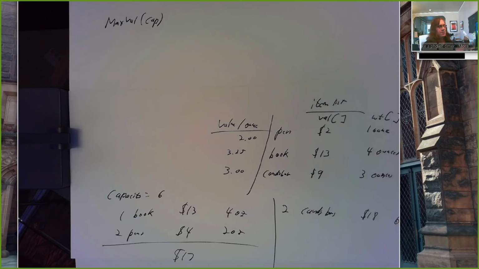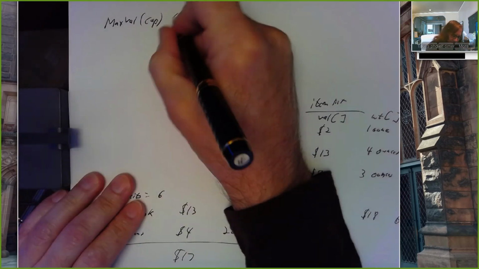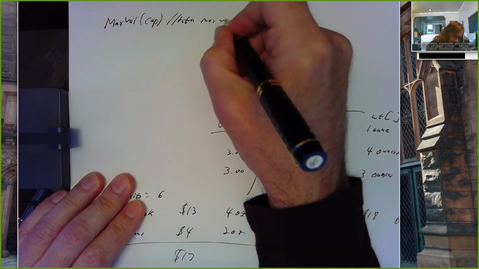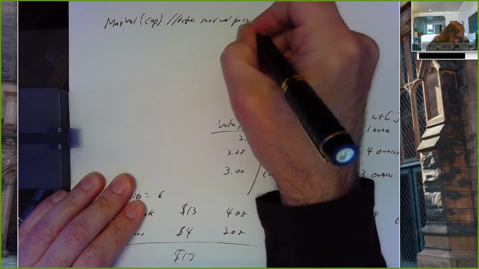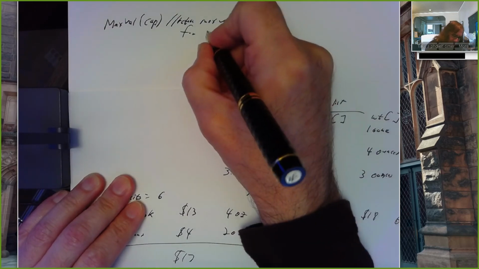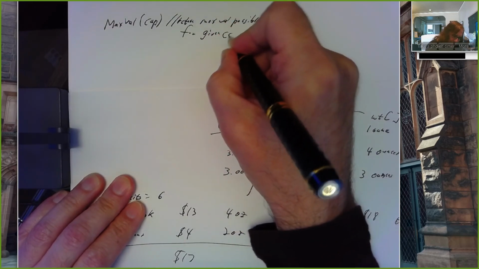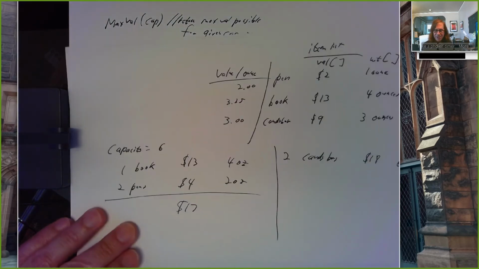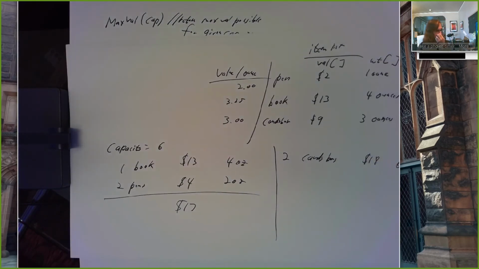We feed it an integer, and it returns the maximum value for a bag with a given capacity. So if we call maxval 6, it should come back with 18.